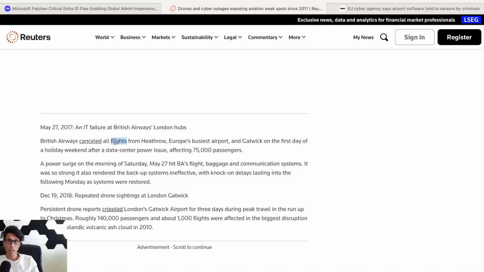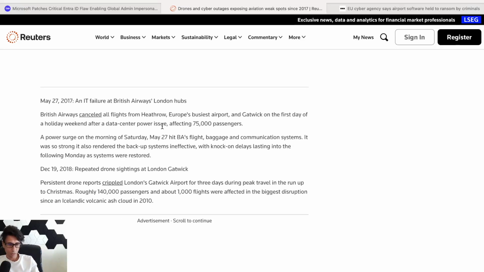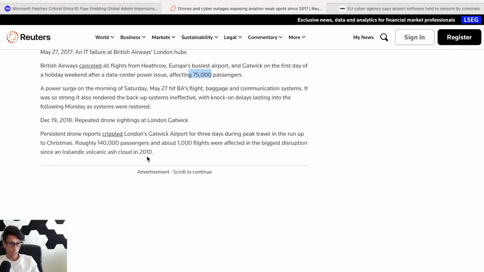The thing that is used to track the planes was not working. And apparently they don't have a backup, because all landings and takeoffs were halted. Sometimes this feels like a bad cartoon plot. So at one of the busiest airports, there are a lot of angry people.